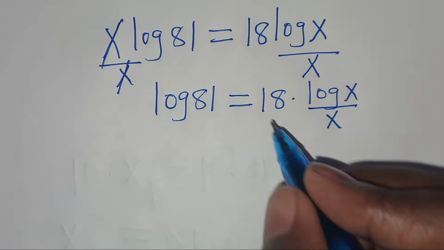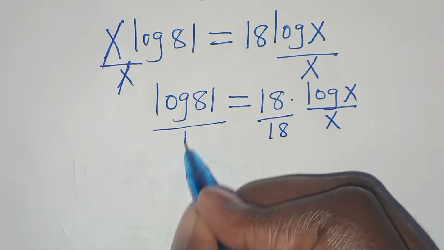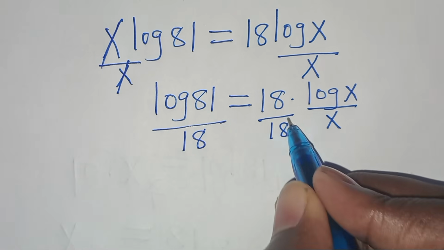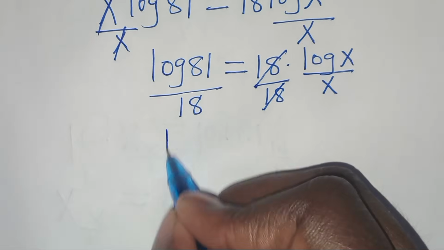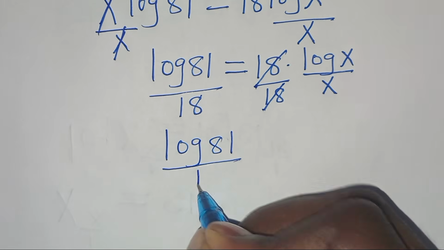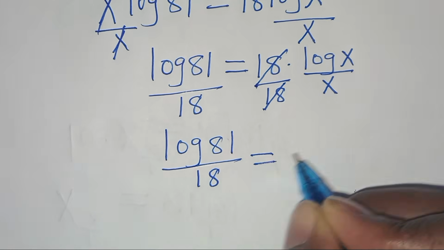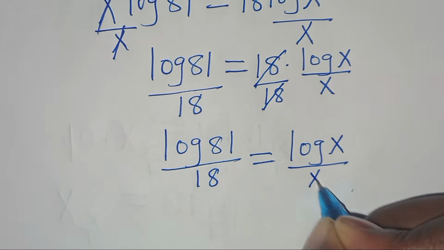The next step is to divide on both sides by 18. Let's simplify 18 and 18 here, so that we have log 81 divided by 18. This is equal to log x divided by x.